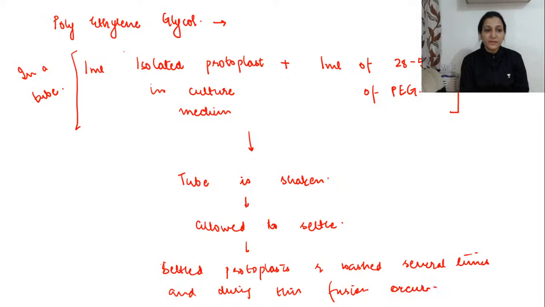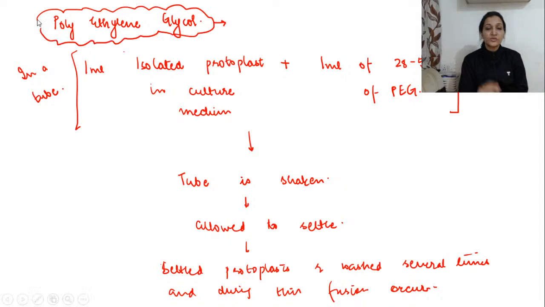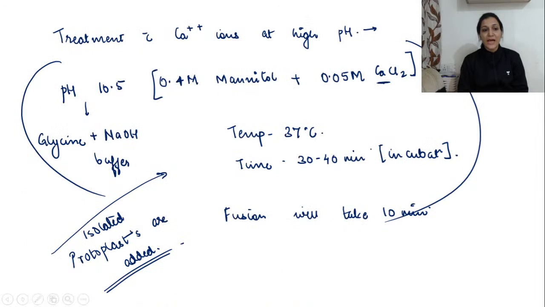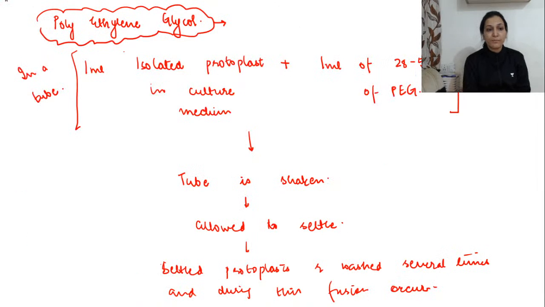This is the method that is done by polyethylene glycol. So these are the three very famous methods which are used for protoplast fusion: chemo fusion, sodium nitrite fusion, and polyethylene glycol fusion. These are the three very famous and highly used methods.